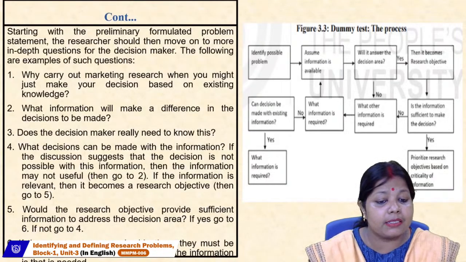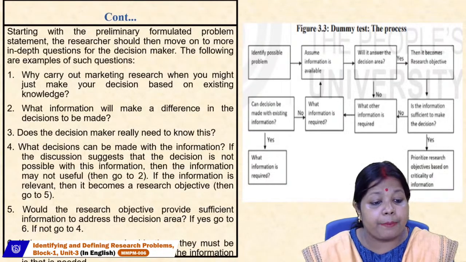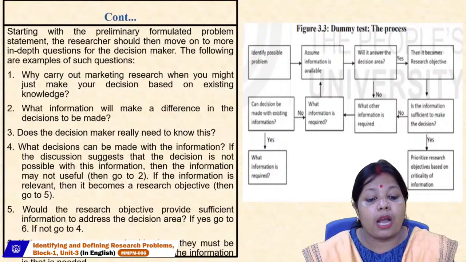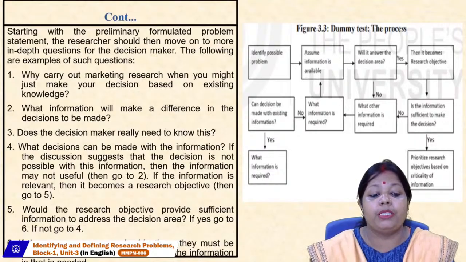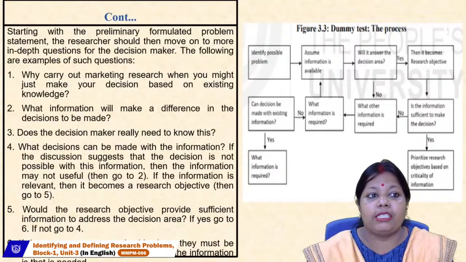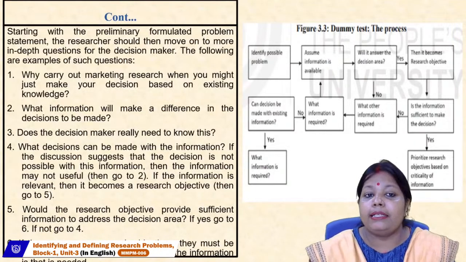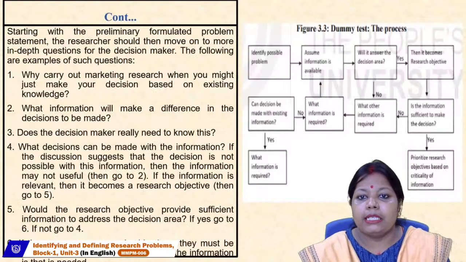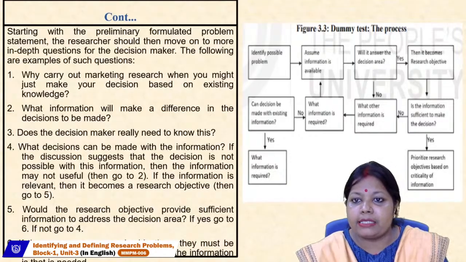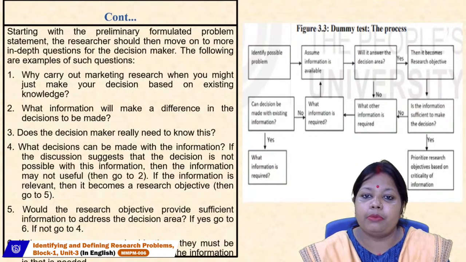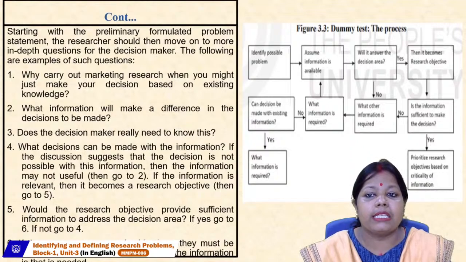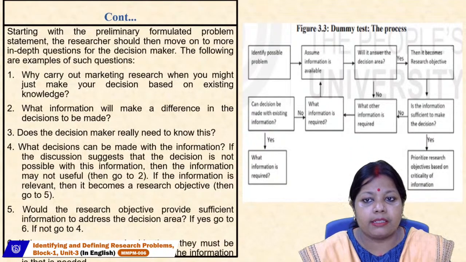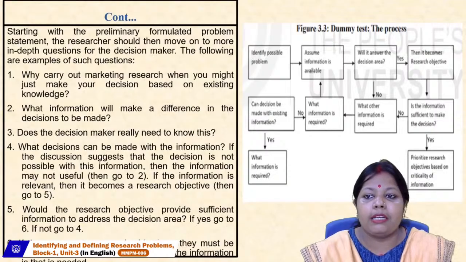If there are many research objectives, they must be prioritized according to how important the information needed is. So these are the steps to be followed, which I have given here in 3.3, to identify the possible problem. If we say that information is available, then will it answer the decision area?